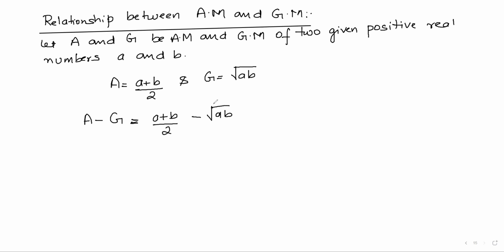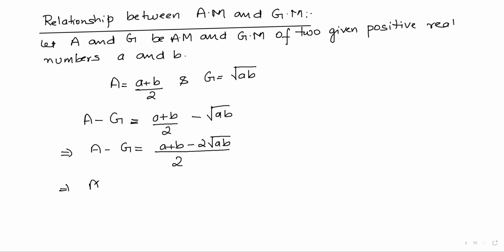Yes, sir. So A minus G is equal to, taking the LCM 2, (a plus b minus 2 root ab) by 2.